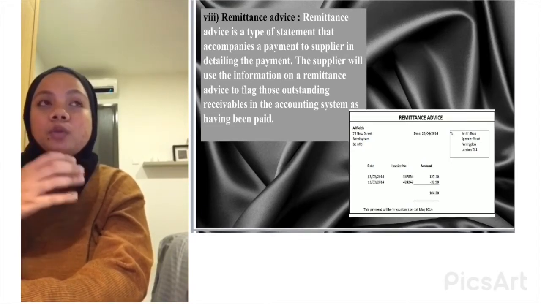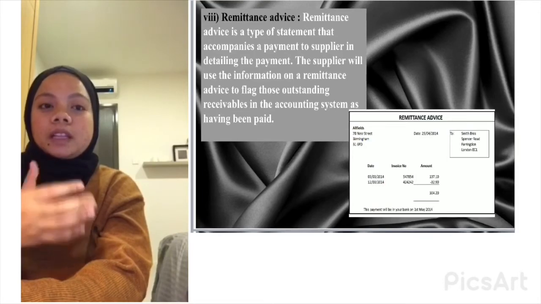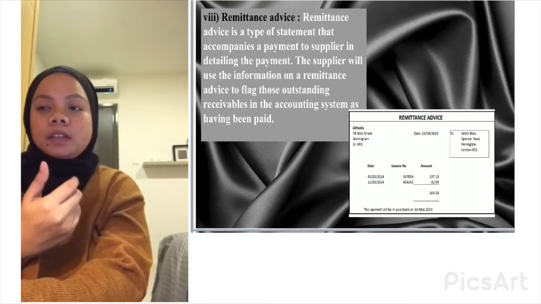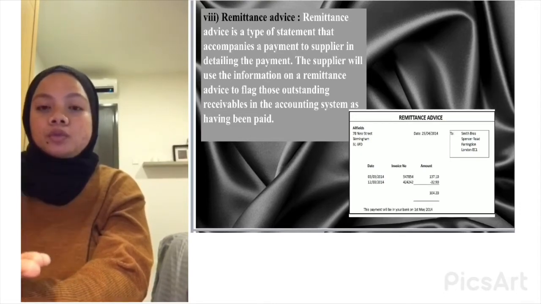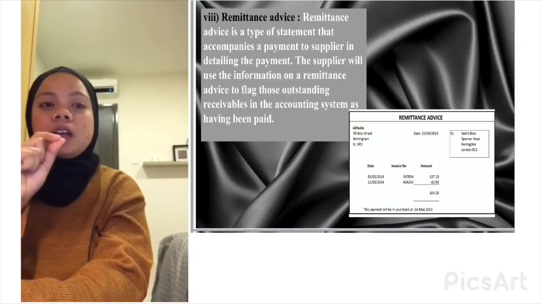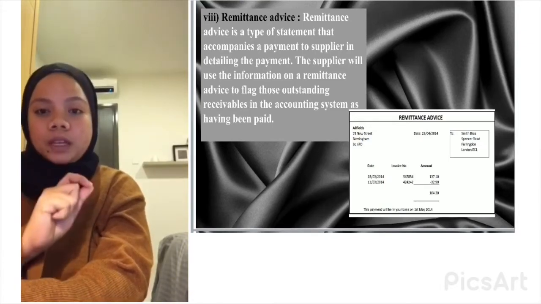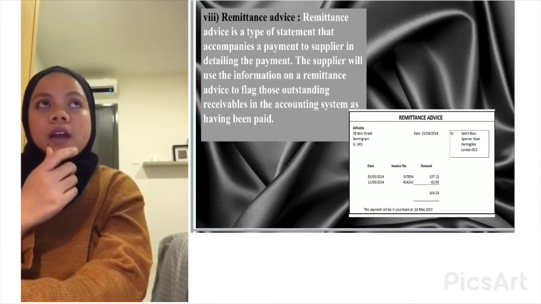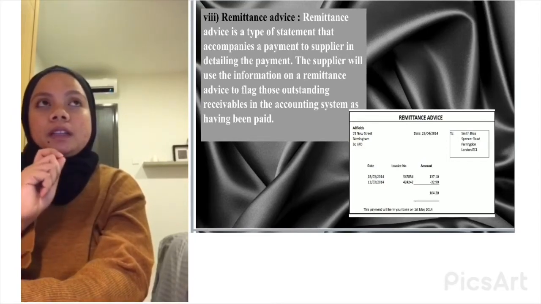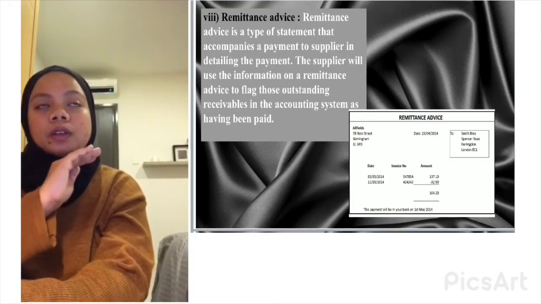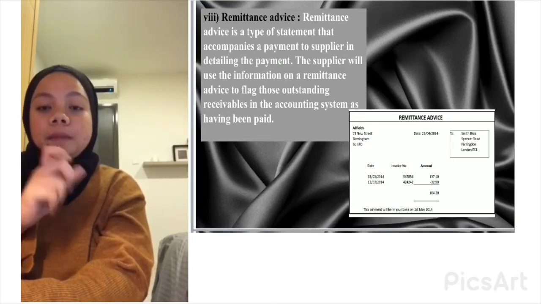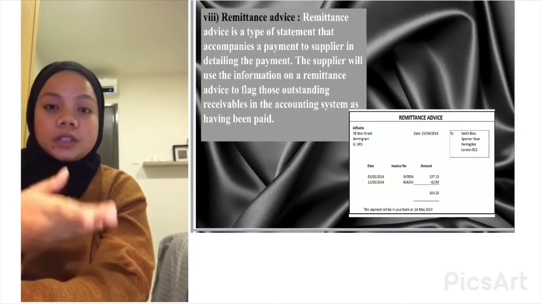So when we make the payment to the supplier, this remittance advice will accompany the payment to make sure the supplier knows what particular item we paid for, and there will be some details on the payment made by the buyer to the supplier.